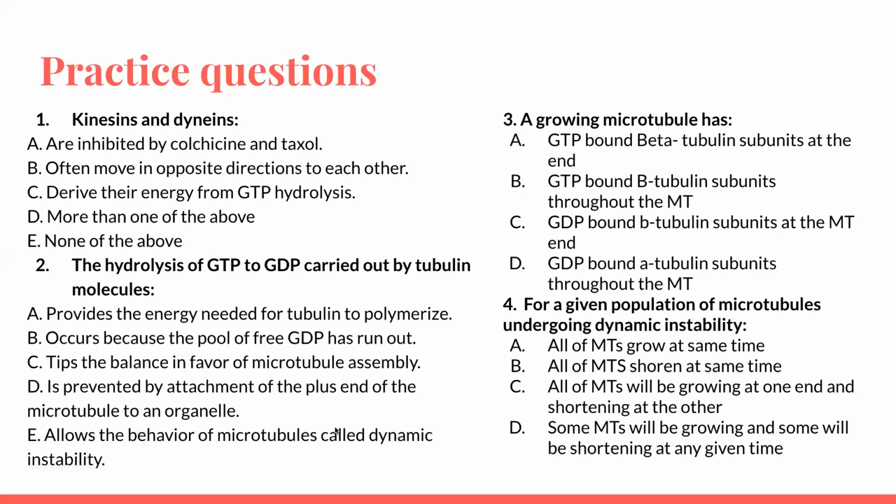What does hydrolyzing GTP to GDP by tubulin do to the microtubules? We got an A, we got an E. So 2 is actually E, mainly because this is the main thing. The whole GTPase activity of tubulin is what leads to this dynamic instability.